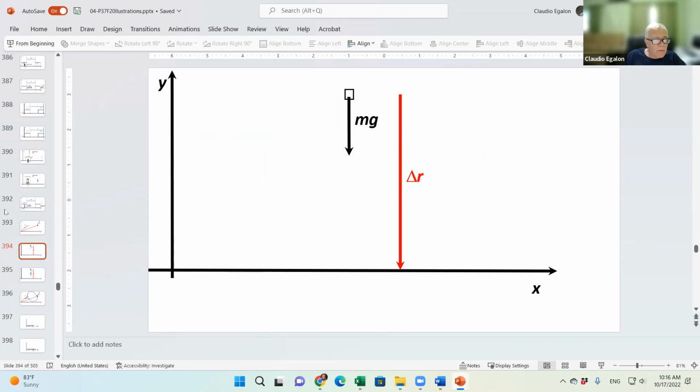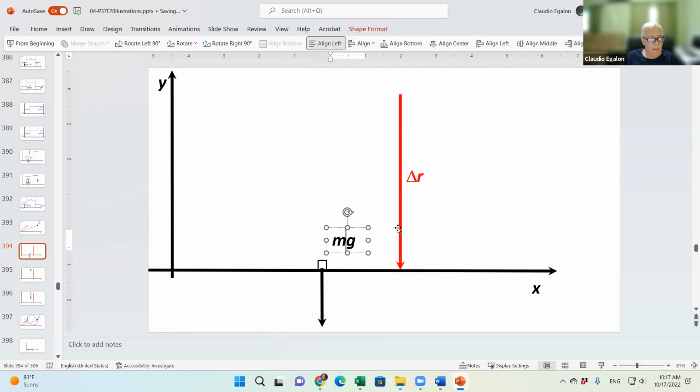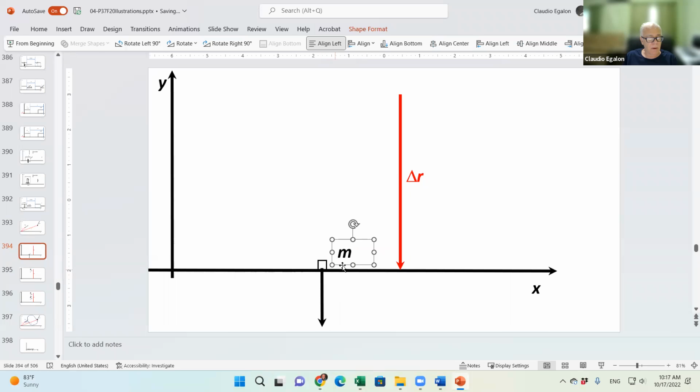When I use this drawing here, suppose that we have this mass right in here. Consider a mass M here at the surface of the Earth, right?